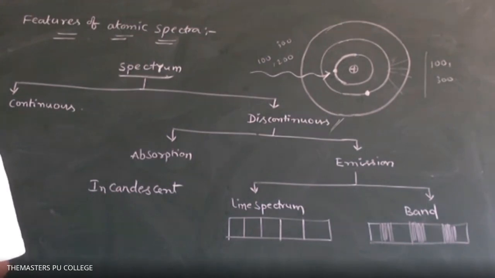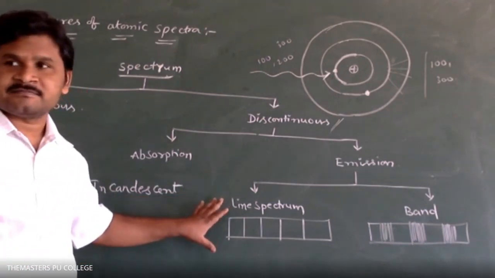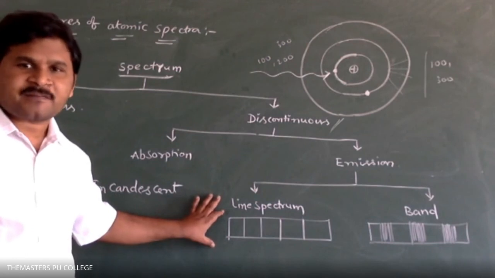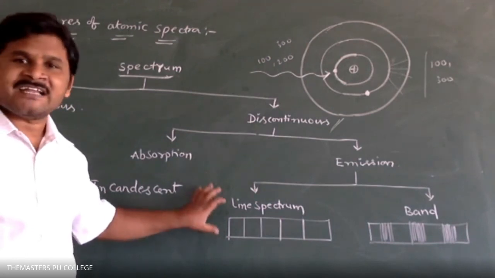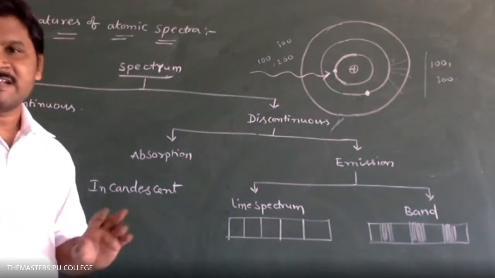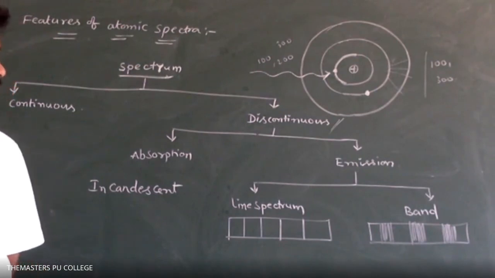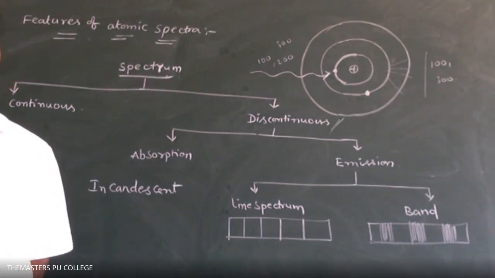Next, line spectrum. How do the lines look? It has sharp, distinct, well-defined lines.